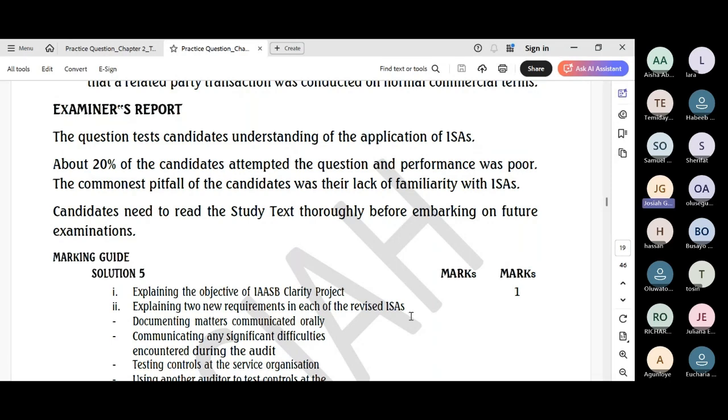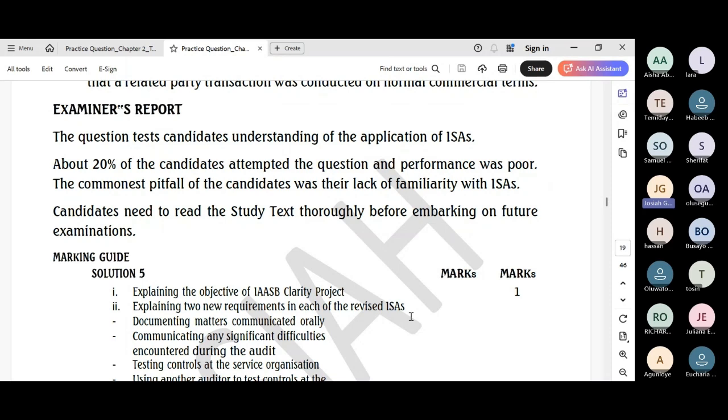The guidance for each of the ISAs, like ISA 260, communication with those charged with governance. I like it. You need to explain why acceptable accounting practices chosen by management might not be the most appropriate. So those are the new requirements. Then mandatory documentation for matters. So it's not oral now, it has to be documented. And also communicating significant difficulties encountered during the audit, like delays, availability of information and all that.